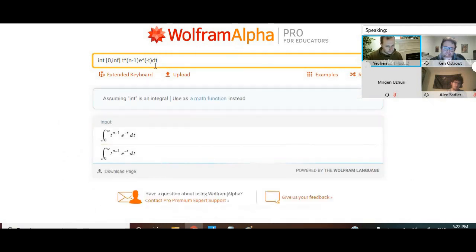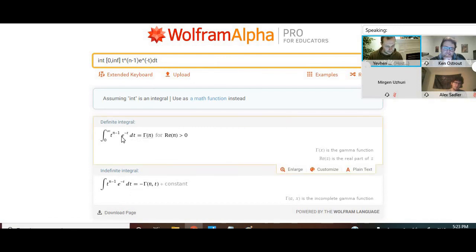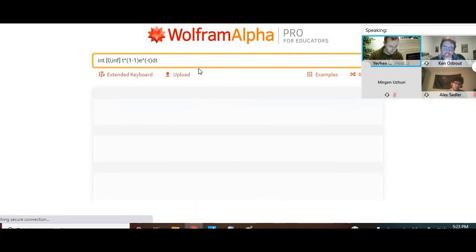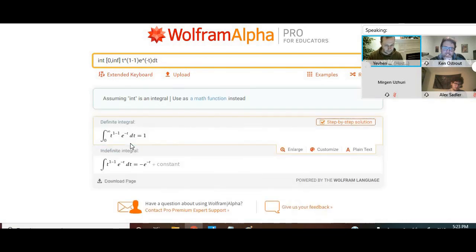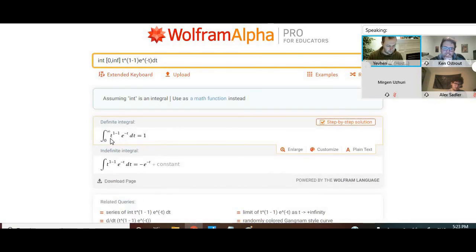But when you type things in, it really helps to see that it echoes back an important thing to you. Right now, I entered n for general power, right? If I were to change n to 1 and hit enter, Wolfram is going to tell me that, okay, this is effectively gamma of 1, and it outsources a lot of computation to the cloud, and it spews at you that the answer of this outstanding integral is 1. Am I making any sense?